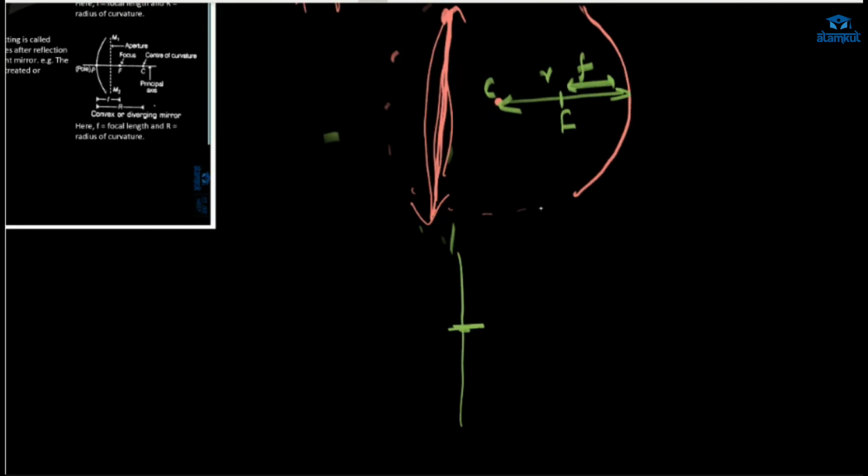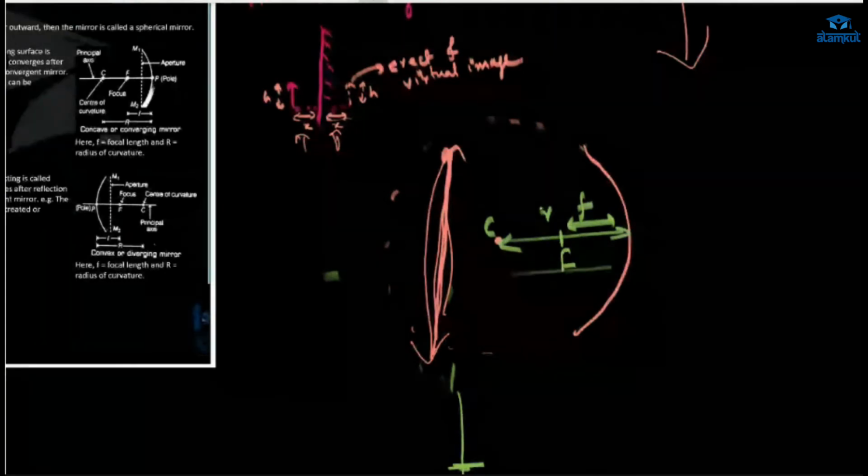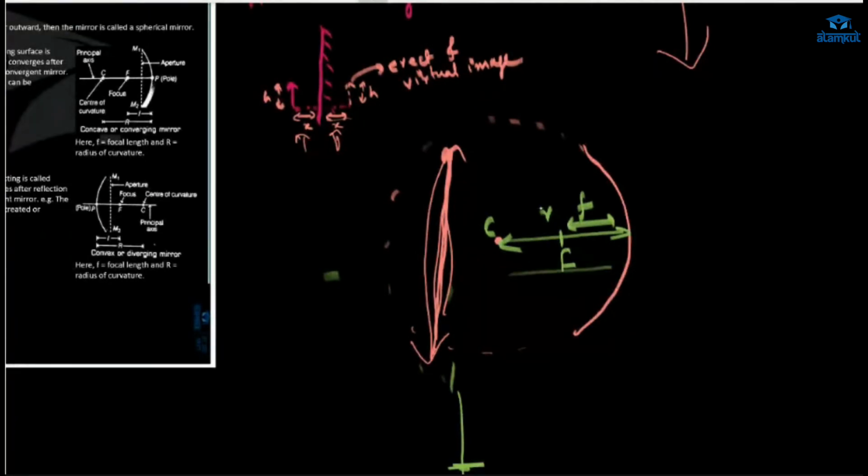If it is not having a center, then how can it have a focus or focal length? Because half of the radius is the focus, and the length from the point of focus to the circumference of the circle is the focal length.